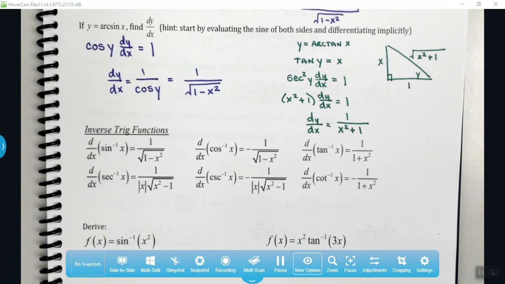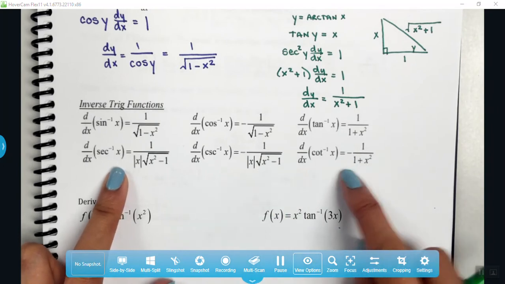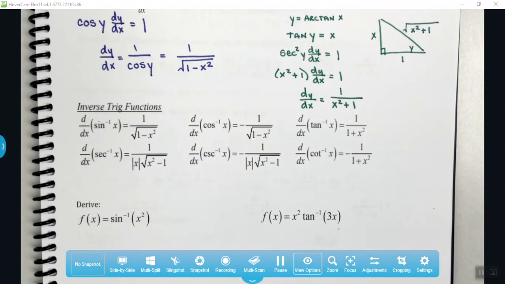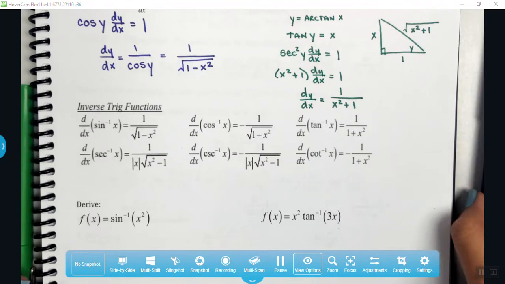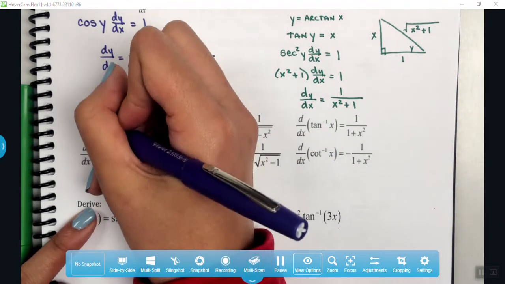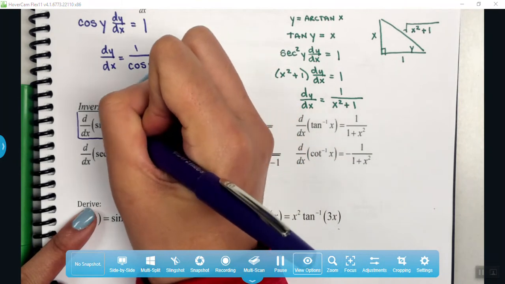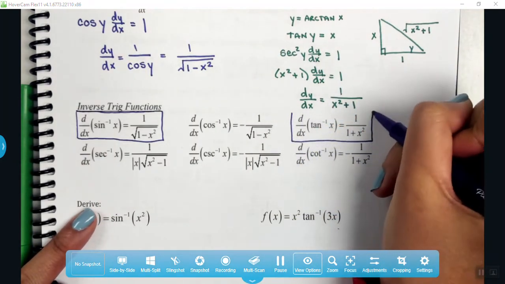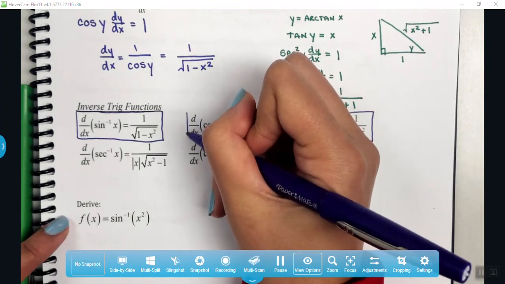Any questions? Secant and cosecant we could do, and cotangent, if you wanted to, is just the negative of tangent. The only ones that you really need to remember are sine and tangent, because those are the only ones that are tested on the AP exam, although I would like you to know cosine.